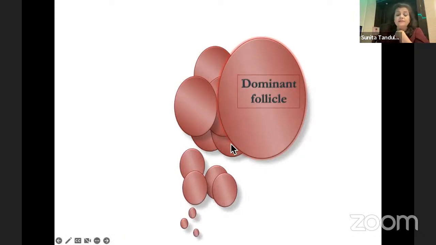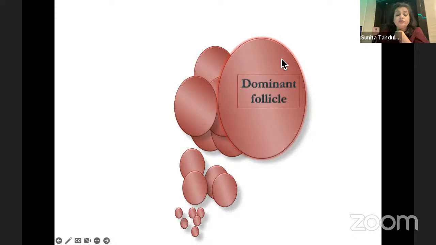The cohort starts by day 5, day 6, and one of the follicles becomes dominant. What does this dominant follicle mean? The granulosa cells multiply, there is more vascularity, there are more FSH receptors, and there is more E2. And this E2, which is produced by the dominant follicle, goes and inhibits the pituitary FSH.